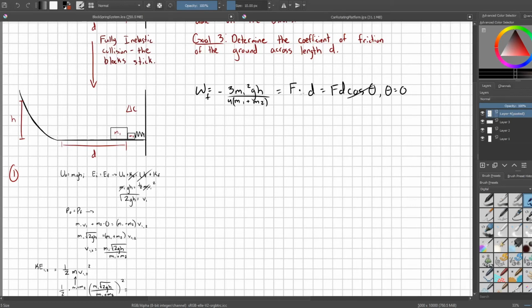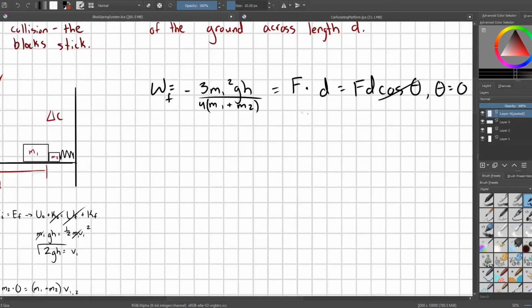So F dot D is just FD. So if we were to take FD, and let me make sure that I make this clear, that's the force of friction, and I set that equal to the work done, 3 m1 squared gh over 4 times m1 plus m2, all I need to do is divide by D to get my force of friction.